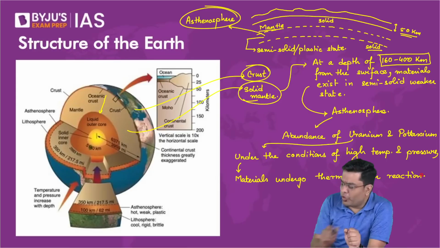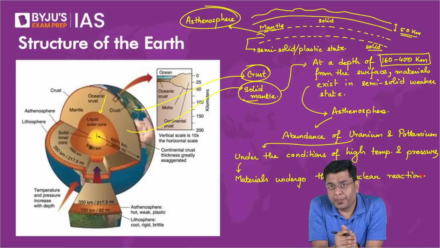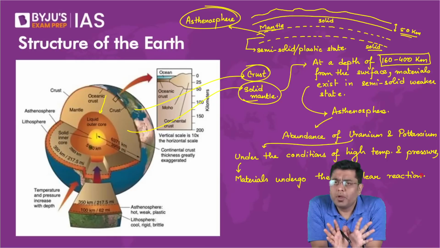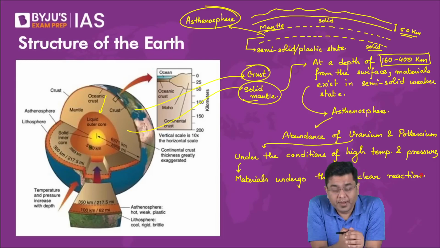Now, whenever a nuclear reaction takes place, I'm sure you would have read your basic elementary science in your 7th, 8th, 9th and 10th standard. So, I hope you are aware that whenever a nuclear reaction takes place, what do you think? Heat is produced or heat is consumed?